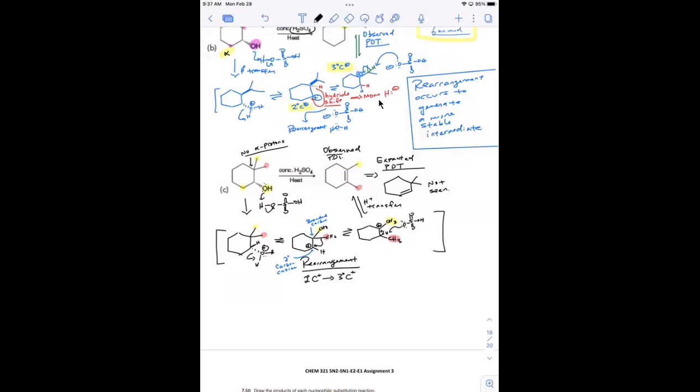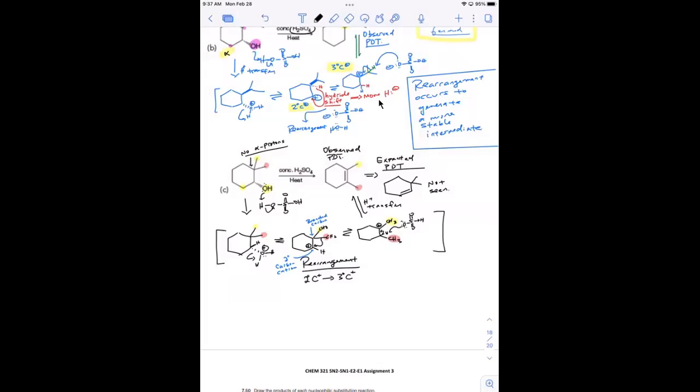A lot of times when this type of stuff happens, it's more incidental than it is on purpose, right? This is one of those things where you might be wanting to eliminate this alcohol and get a double bond where you want it. But when you finish the reaction and you take the NMR and look at the product, what you see is you get this rearranged product instead of what you were looking for.